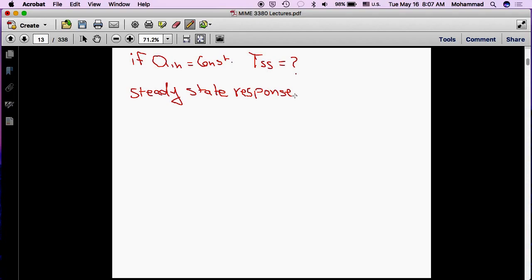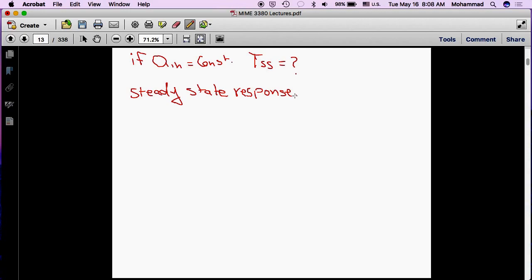We've shown already that steady state response exists for first order systems. And if you give the first order systems a constant input, regardless of their initial condition, they would converge to that value. So our question is to find that temperature steady state.